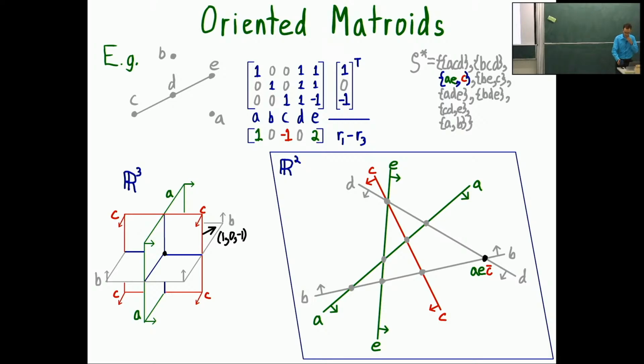So B and D. So you can think of this as a vector in R^3, and this intersection point will be, again, a minimal non-zero vector, a non-zero vector with minimal support.